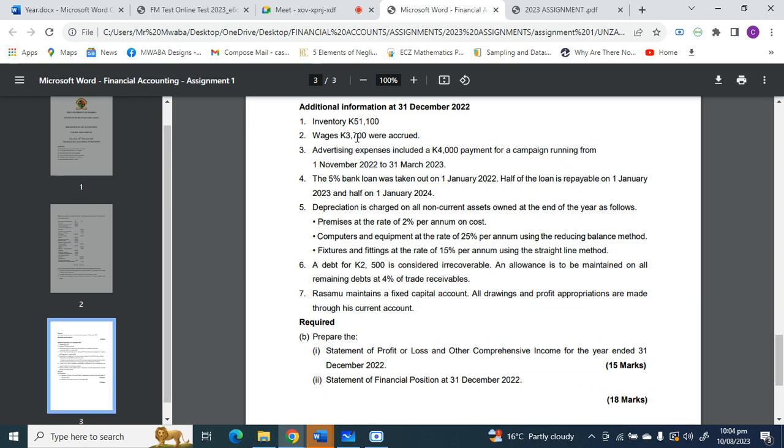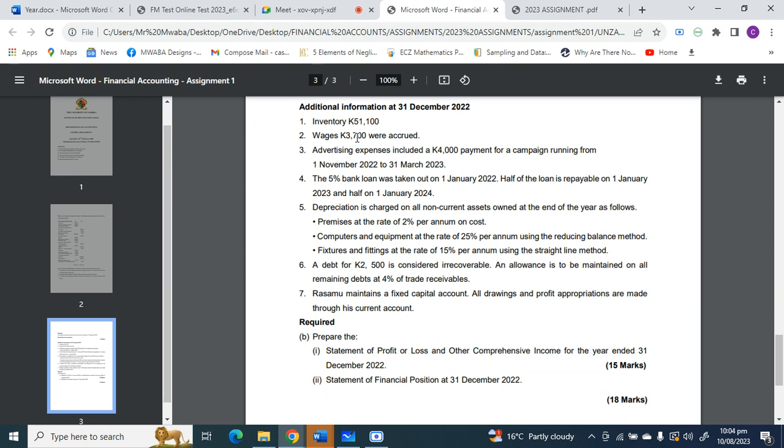Accrued expenses are expenses that build up. For example, like wages. Obviously, Rasamu had to pay wages at a certain period, but he wasn't able to pay, so that expense is going to be carried on. For example, your water bill: you might get it this month, you don't pay.